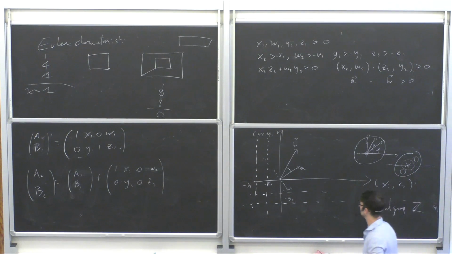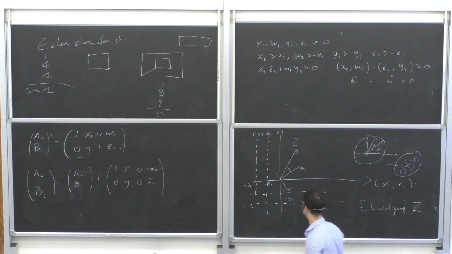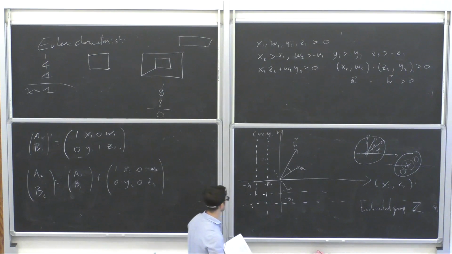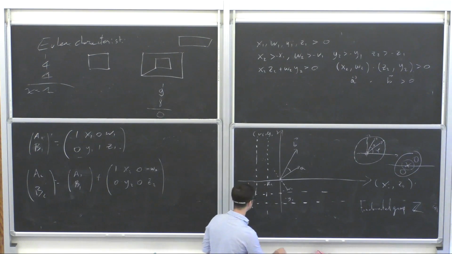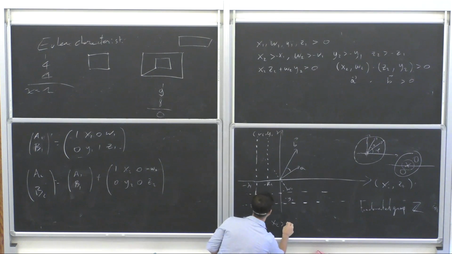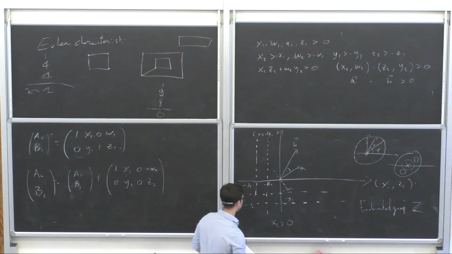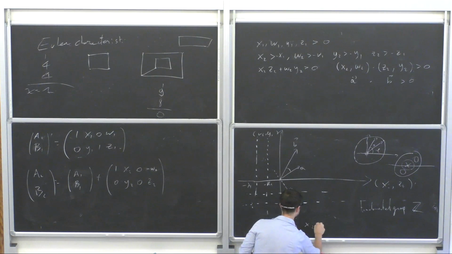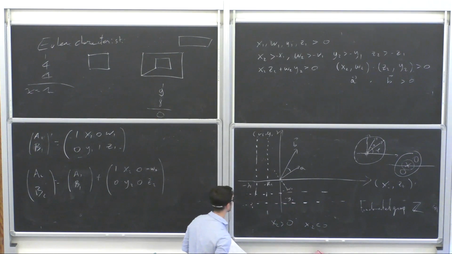So that's why, for the two-loop amplituhedron, what we did is take two regions here. One is x2 bigger than 0, for example, and the other is x2 smaller than 0.